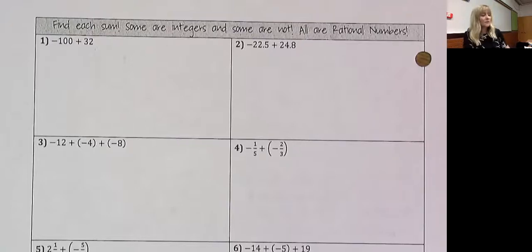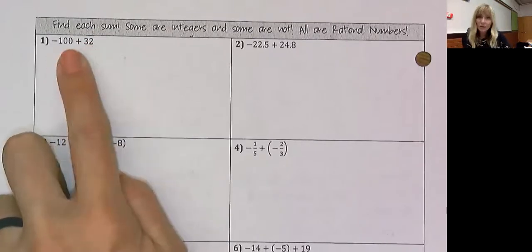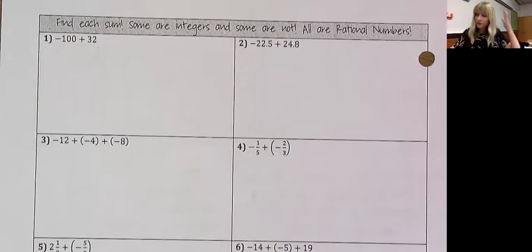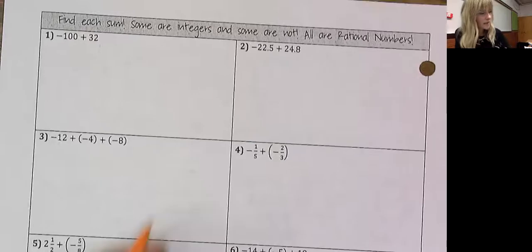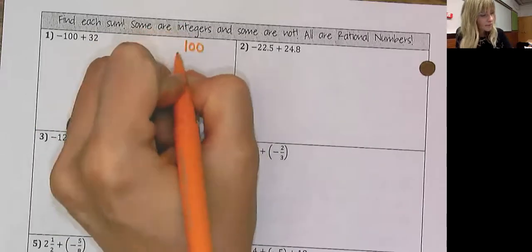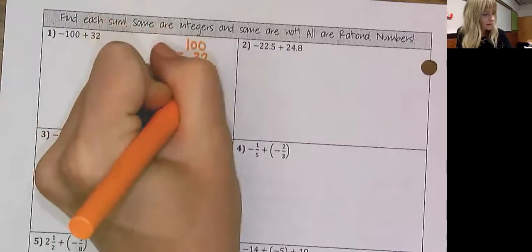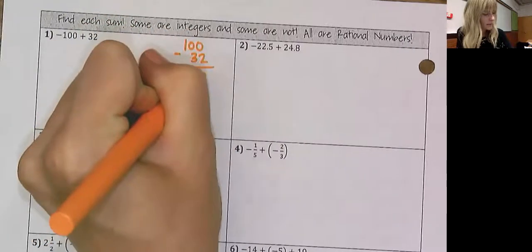Okay, so this is an integers problem. You did lots of them last week. There's not fractions or decimals here, so this is just like what we did last week. So I say to myself, same signs or different signs. I see different signs. Different signs subtract. I'm gonna borrow here, right? This is 68.